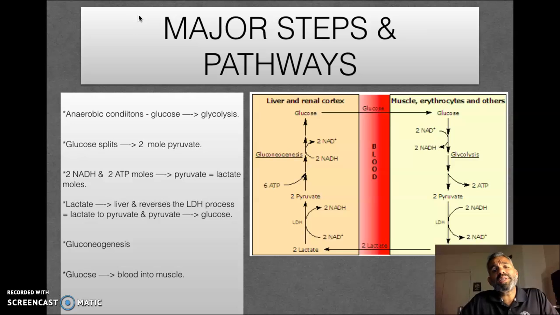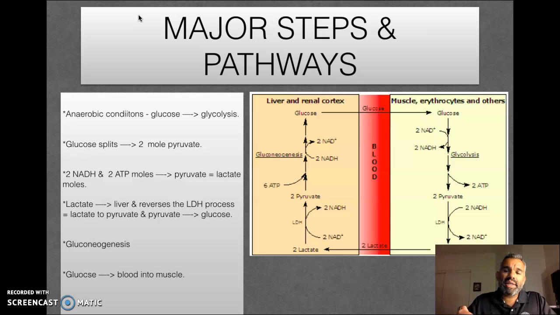So under anaerobic conditions, glucose goes through a process we call glycolysis. In that process, glucose splits into two pyruvate molecules. Also in that process, two NADH and two ATP molecules are formed, and actually attach to those pyruvate molecules, which then in turn converts into lactate.